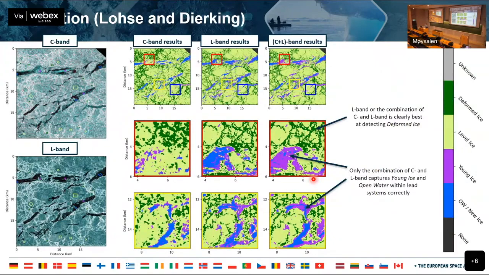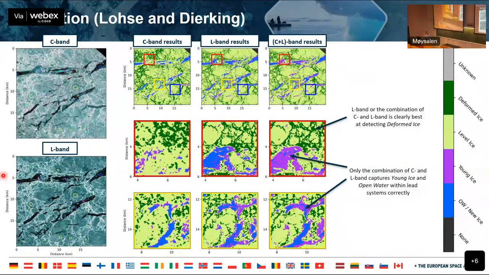There is also the work combining C and L band, looking into how the combination of the two can improve sea ice type separation. This is also important for the ice charting services. They are very willing to incorporate L band, provided that the images are readily provided, free, and not little snapshots in time in locations here and there, but with consistency.